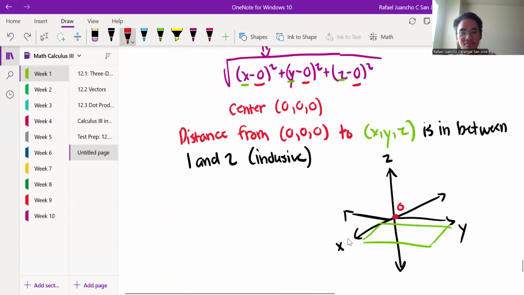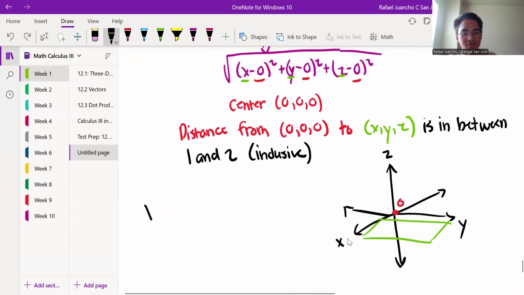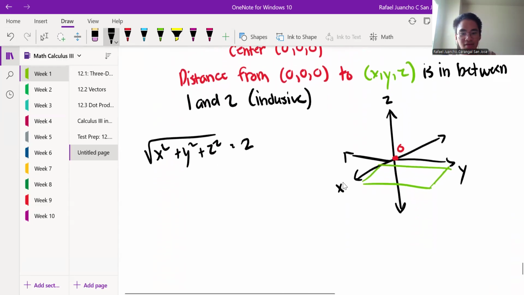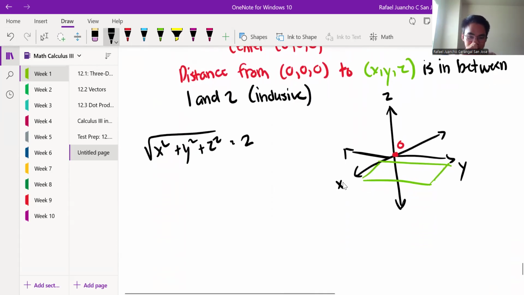Right? I could have the equation of x squared, y squared, z squared equals 2. And this would give me a sphere with the radius square root of 2. Or I could have 4. This would give me a sphere with radius 2. Right? So that's the idea.